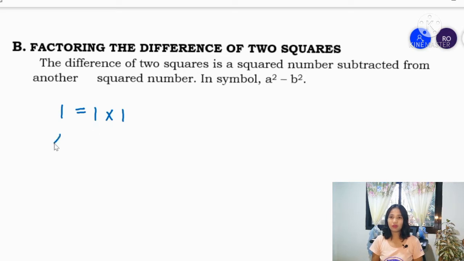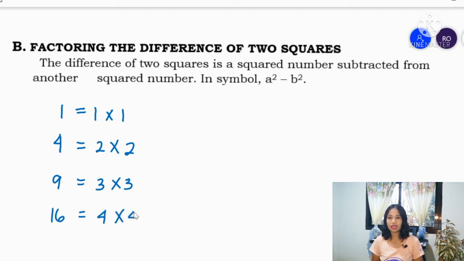Okay, same as 4. 4 is also a perfect square number dahil ang 4 ay product ng 2 multiplied by itself. 9 is a product of 3 multiplied by itself. 16 is also a product of a number which is 4 multiplied by itself.